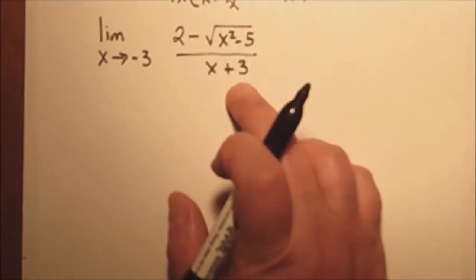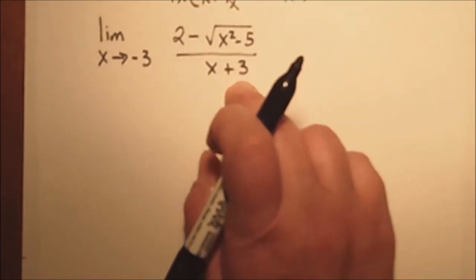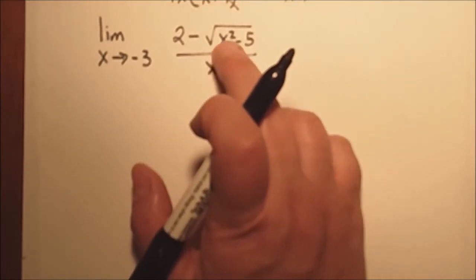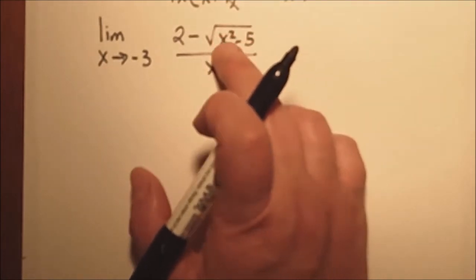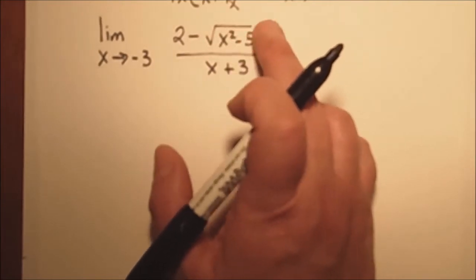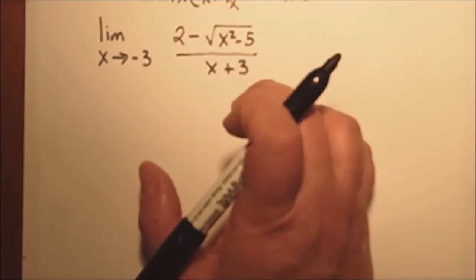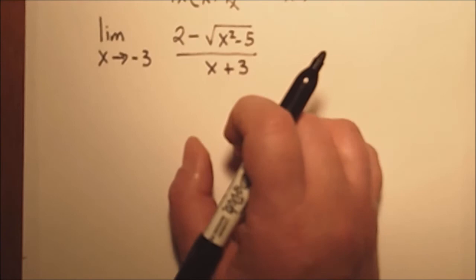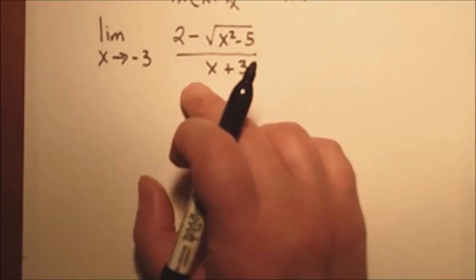Obviously, the denominator would be 0 if I plug in -3 for x. The numerator would give me 9 minus 5, which is radical 4, which is 2. 2 minus 2 is 0. So, of course, I would get 0 over 0 if I tried direct substitution.